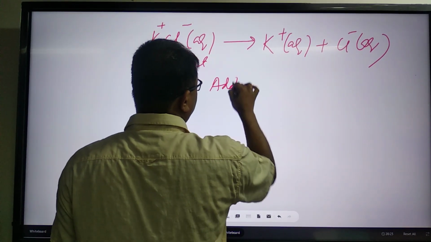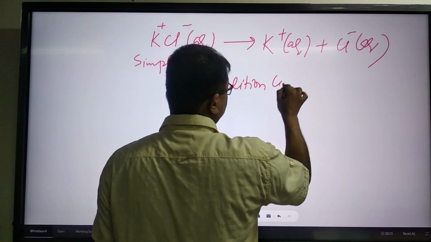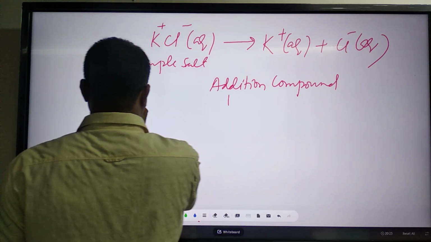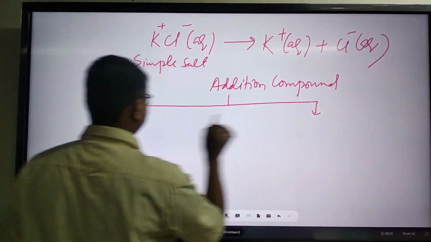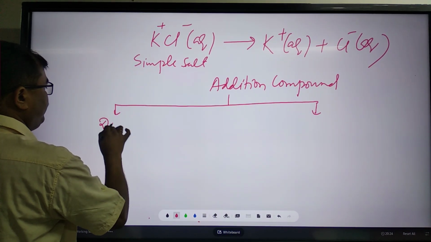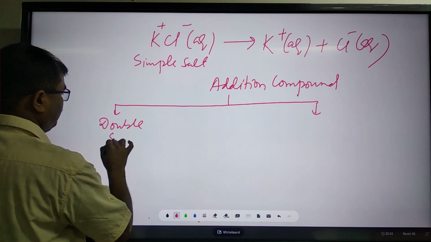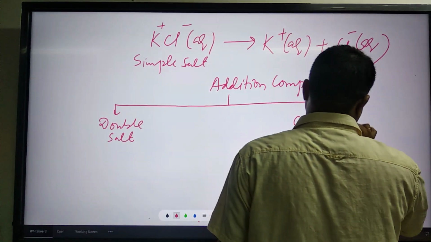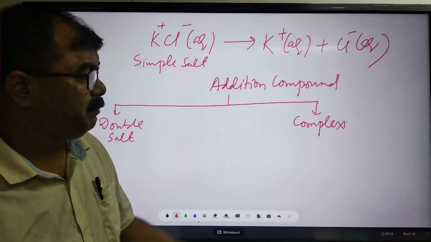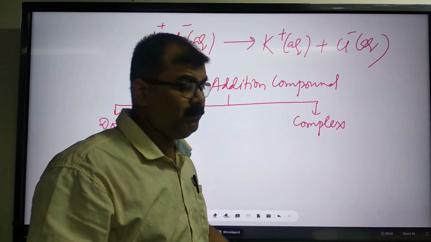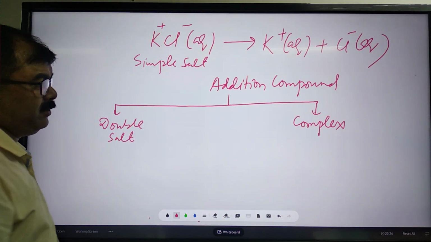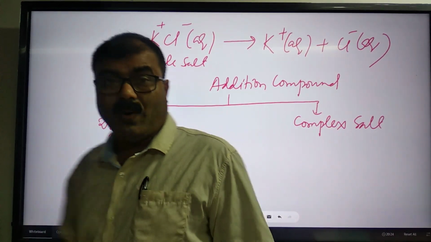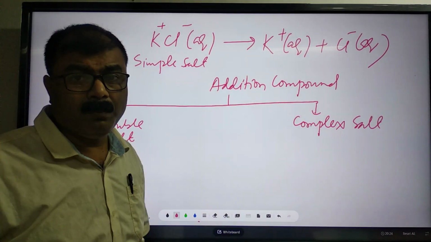So addition compound may be a double salt or maybe a complex salt. We can say complex salt or complex entity, coordination compounds. Yes. Okay, let us take the complex salt. Now, what is addition compounds?